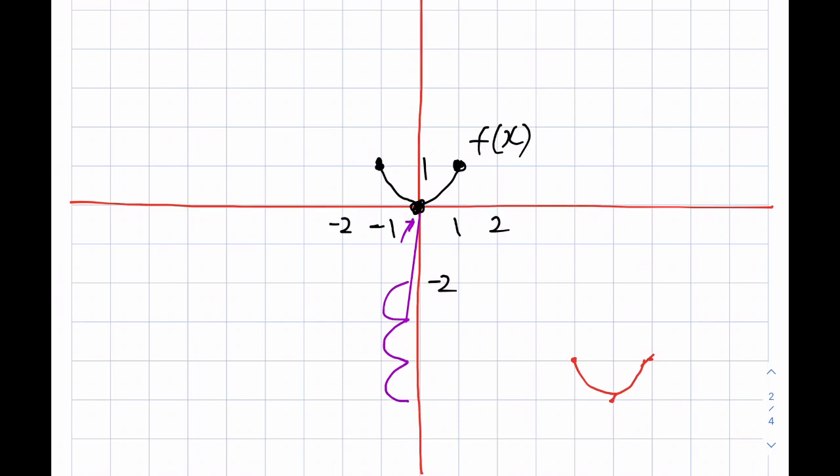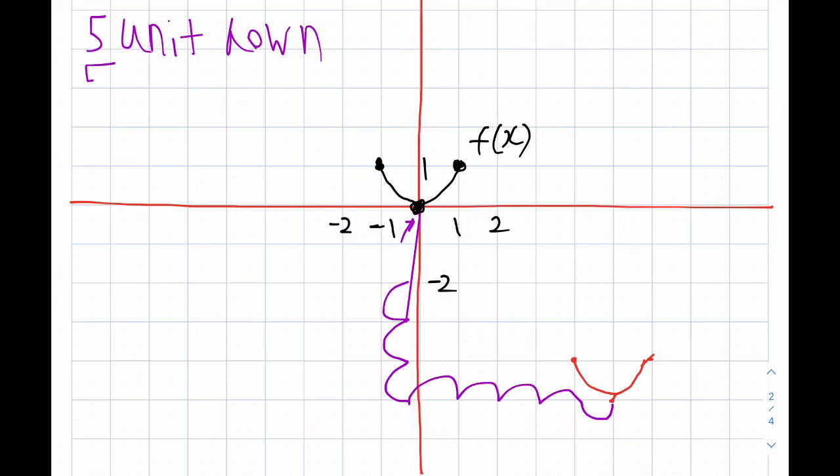Now, how many times did it go to the right? It went 1, 2, 3, 4, 5. So it went down 5 and moved to the right 5. So we can say that it is 5 units down and 5 units to the right.